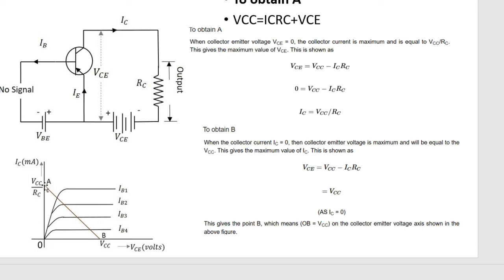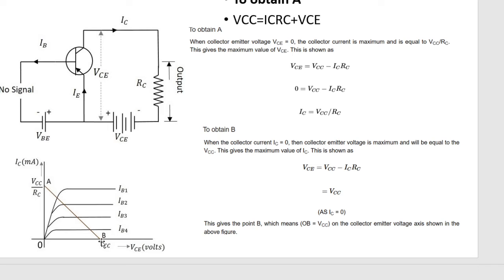At the saturation point, the collector current will be maximum. The transistor is just behaving like a short circuit or a closed switch, in which VCE will be approximately 0. So IC will be VCC divided by RC. Now let us see how we obtain the point B on the characteristics.